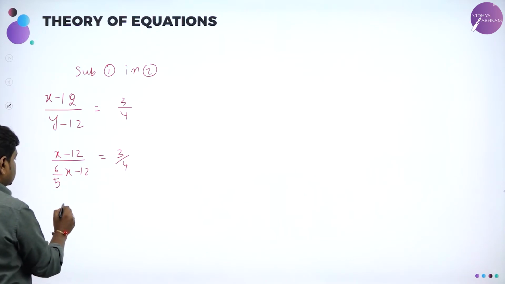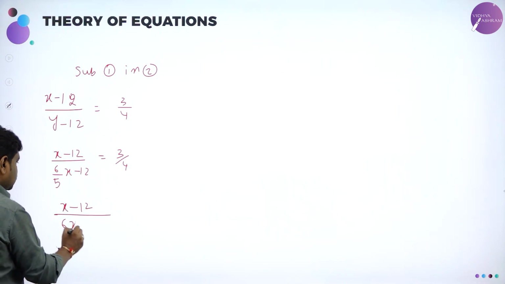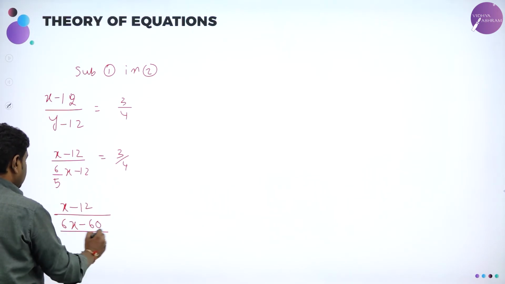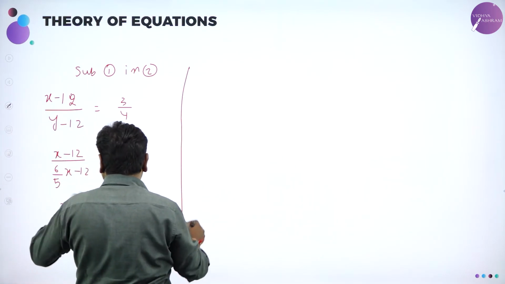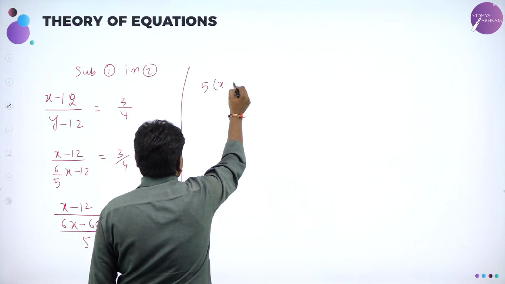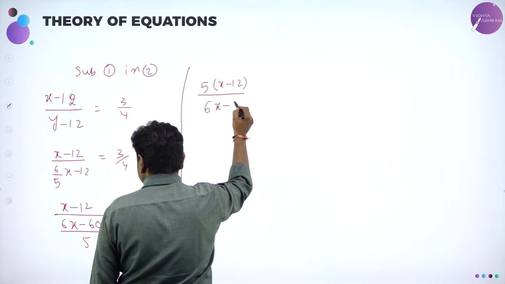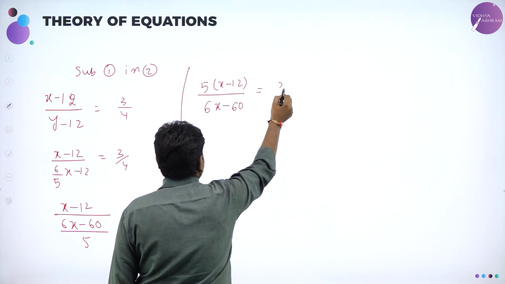Now, if I take LCM, x minus 12 divided by... LCM is 5, 6x minus 12 5s are 60. Whole thing divided by 5 is equal to 3/4. Further, denominator 5 goes up and it becomes 5 times x minus 12 by 6x minus 60 is equal to what? 3/4.